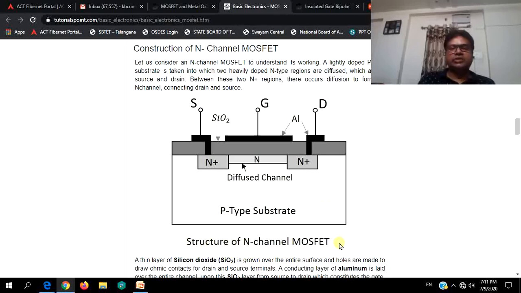This is again an N channel depletion type MOSFET, where the material used is SiO2, silicon dioxide, metal oxide semiconductor, and the connections are made with aluminum.